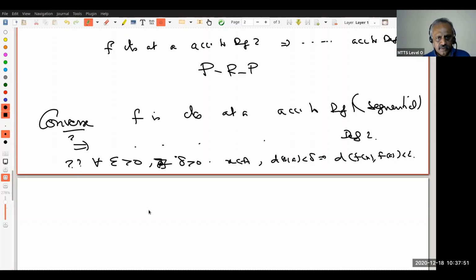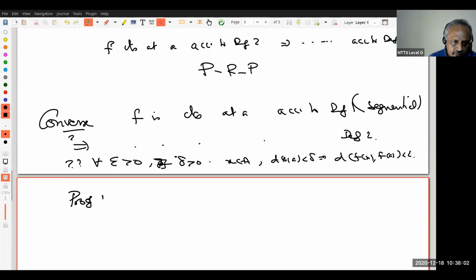This is a question mark. I do not know. So the way to prove that is to assume it's false. So we will prove this by contradiction. What does that mean? For every epsilon, something must be true, right? So that is false. What does it mean?